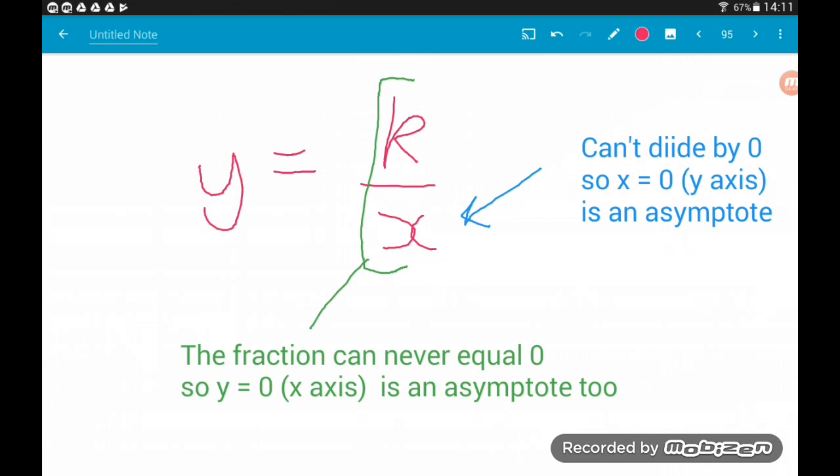There is no value of x that can make this fraction equal to 0. So that also makes y equals 0 an asymptote. So y equals 0 is the x-axis. So the x and y-axes are asymptotes.